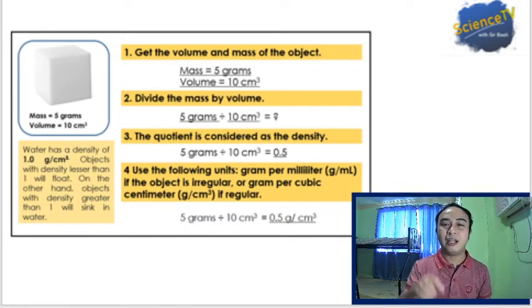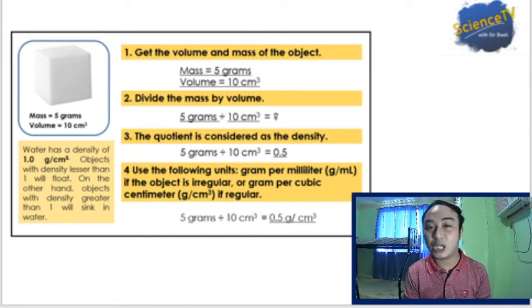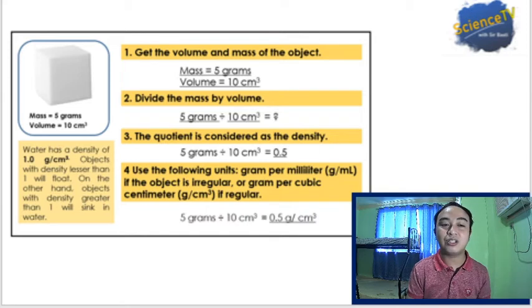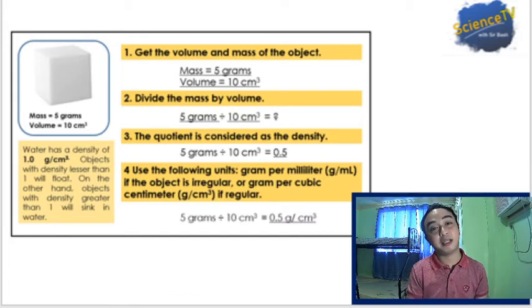Now for the fourth one, use the following units. If we are getting the density of irregular objects, we are going to use gram per milliliter. But if we are getting the density of a regular object, we are going to use gram per centimeter cube, or gram per cubic centimeter.